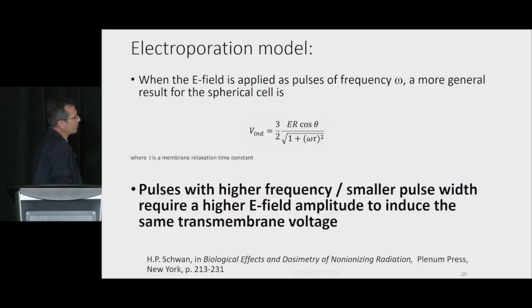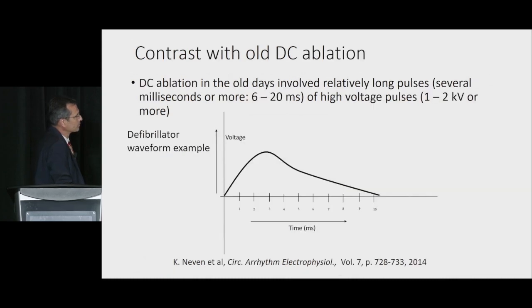There are also some variations according to the frequency of the pulses. So smaller pulses or higher frequency require a higher electric field amplitude to induce the same transmembrane voltage. So this is important because there is some interest in having higher frequency and some benefit for using them, but it requires some adjustments in the voltage that are applied to maintain the same efficacy, if you will.